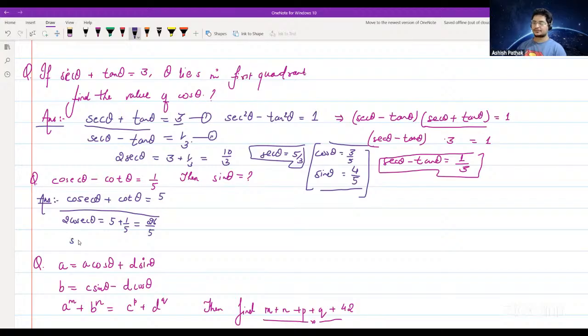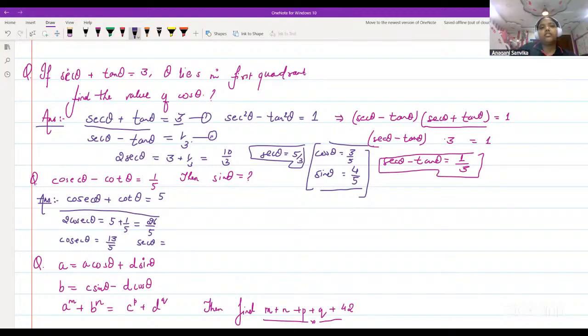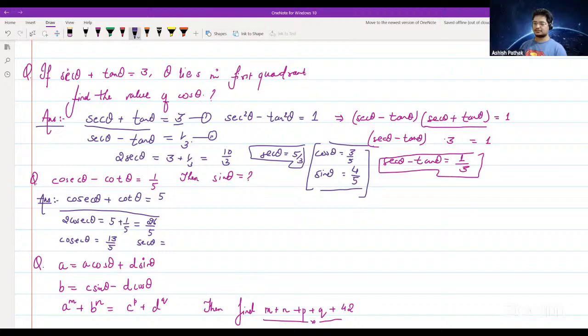And you will get cosec theta, which is equal to what? 13 over 5. Now, if I want to find sec theta, then what will the answer be? 5 and 13. Which triplet will go with 5 and 13? Tell me.